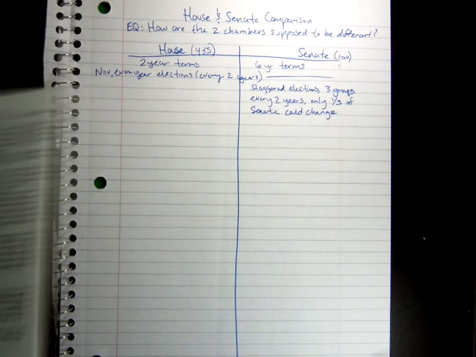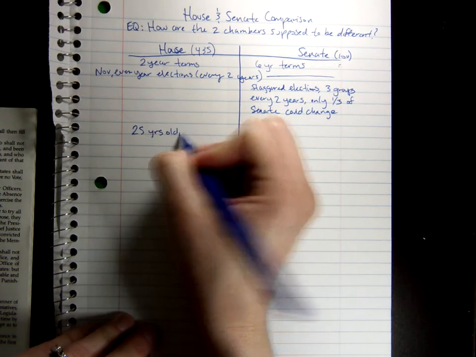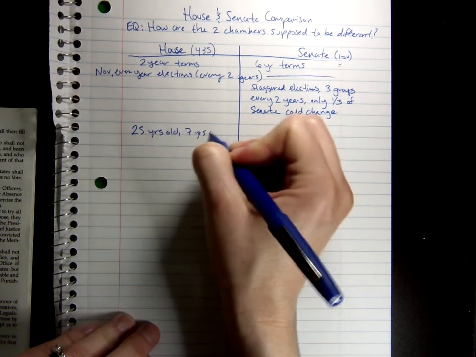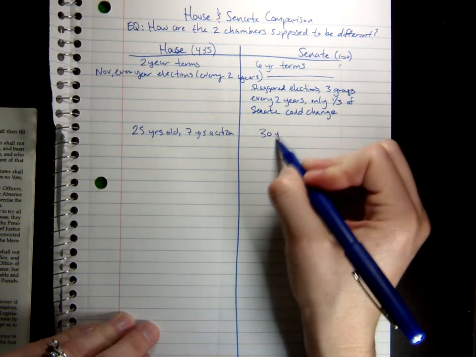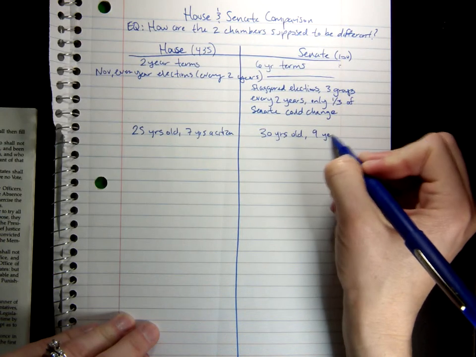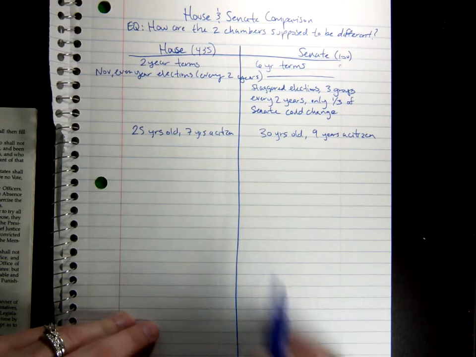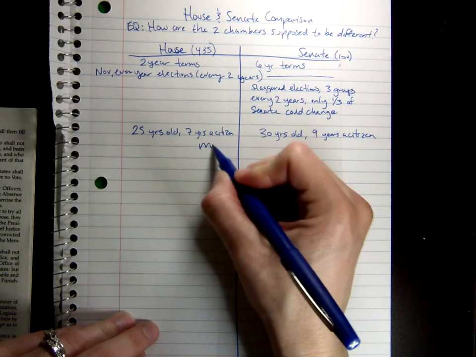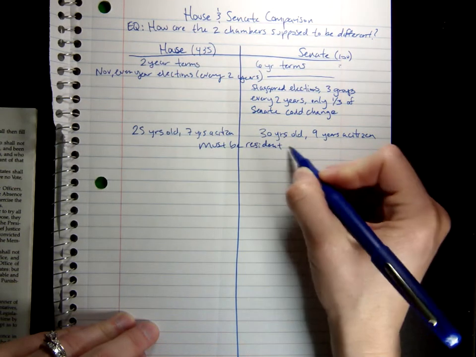And our qualifications to be a representative: you have to be 25 years old, 7 years a citizen, and you have to be 30 years old to be a senator, 9 years a citizen. And the third requirement is the same for both, that you must be resident there.